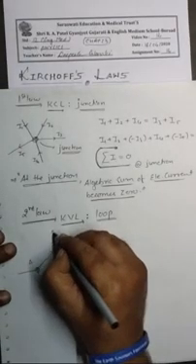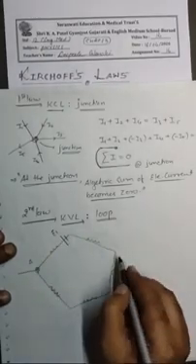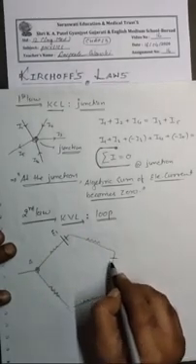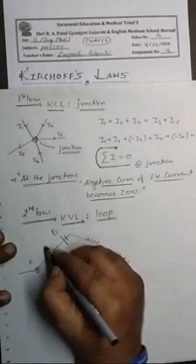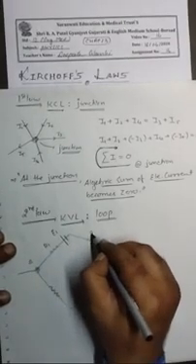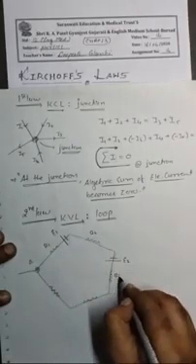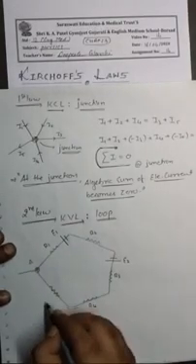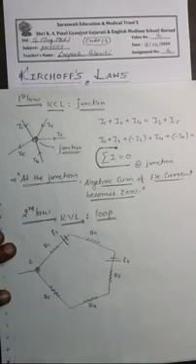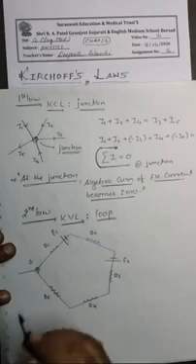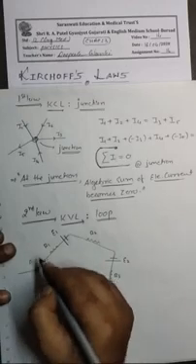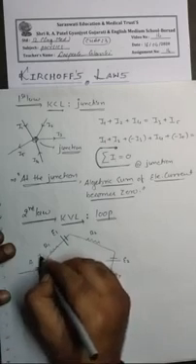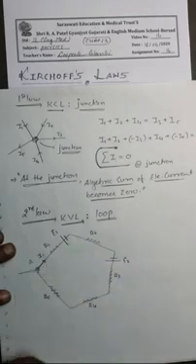The first battery has EMF E1 and the second battery has EMF E2. Give the names of the resistors, that is R1, R2. Now, for our convenience, think of this only. Electric current passing through R1 is I1.